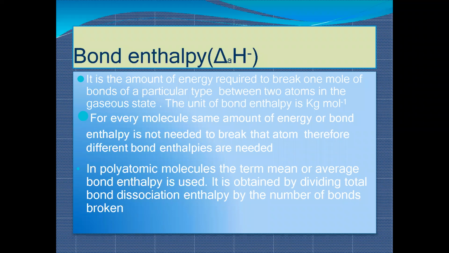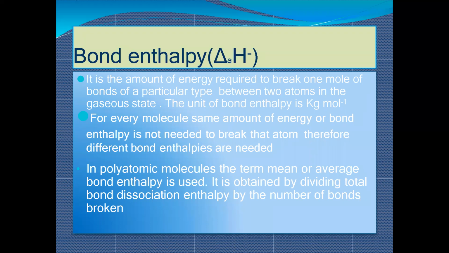In a polyatomic molecule, poly means many, when many atoms combine together and form a molecule, the average bond enthalpy is used. For example, if I talk about H2SO4, hydrogen is there, oxygen is there, sulfur is there, along with different numbers: 2 hydrogen, 1 sulfur, 4 oxygen.